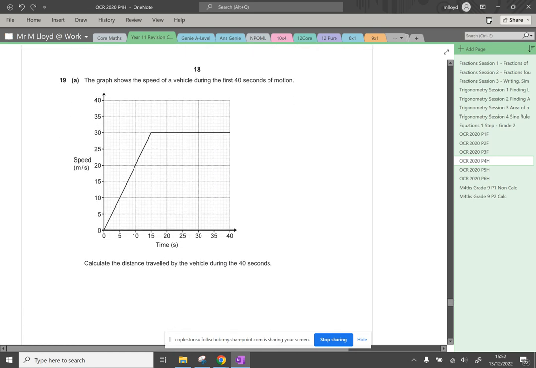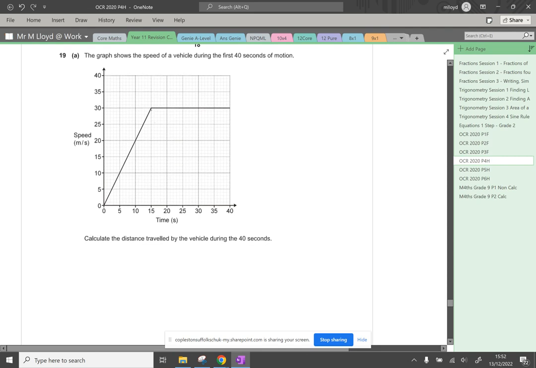Okay, the graph shows the speed of a vehicle during the first 40 seconds of motion. Calculate the distance travelled by the vehicle. So that will be the area. So we've got 15 times by 30 over 2. 15 times 30 divided by 2 is 225. That's in here.